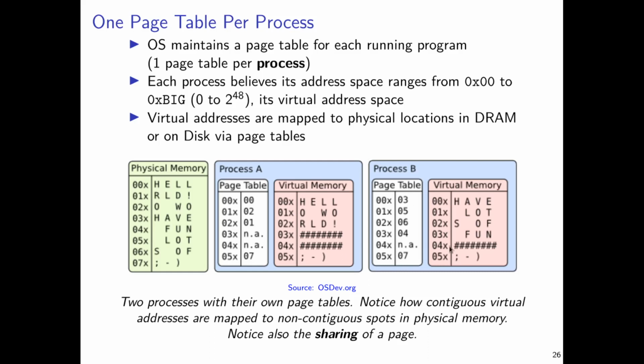For instance, page 00 of process B is mapped over here to page 3, so we haven't even started, and its next virtual page, 01, is mapped to 5, so there's actually a jump that's required to go over it. It's this fun business in the middle that's later on in the virtual address space that's actually in between those two.